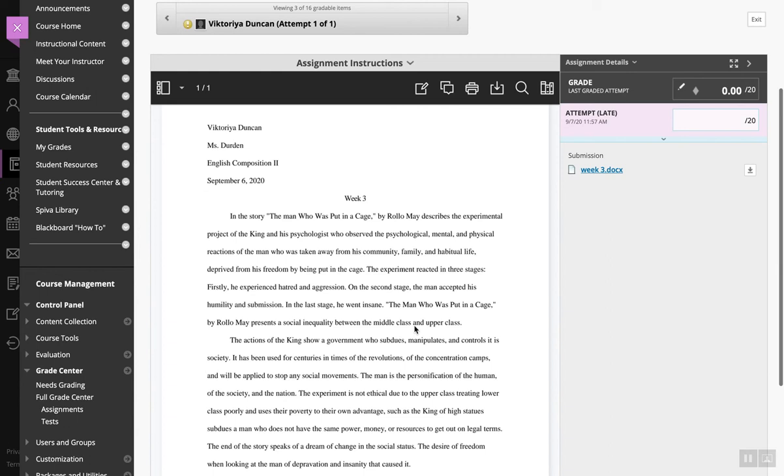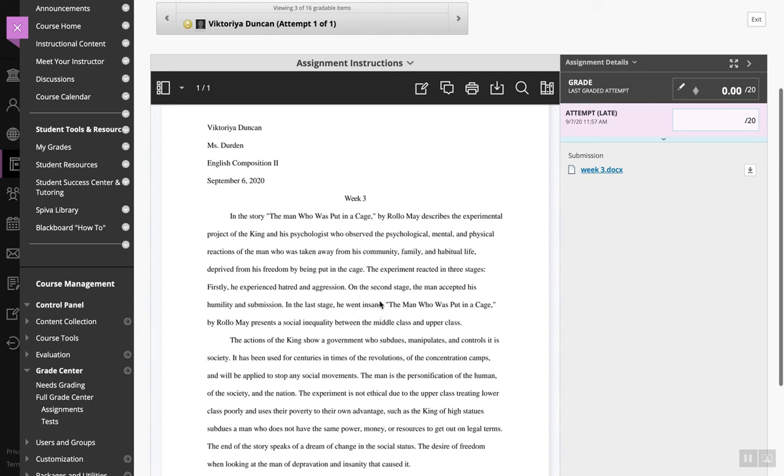But then you make this jump to say that May presents social inequality between the middle class and the upper class. So I can see what you're trying to do there, but there's a big gap in logic right here. So you need to explain how the man's reactions lead us to the idea that May is talking about social inequality.